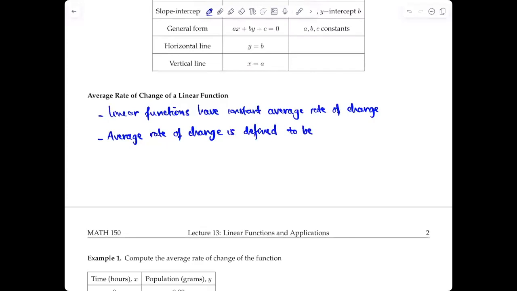So again, you have seen this formula already when we talked about how to find the slope of the line between two points. That is change in y over change in x.